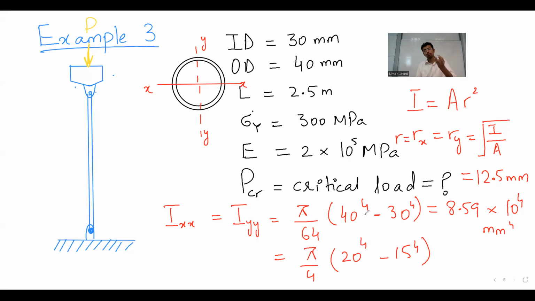So 2 twos are 4, 4 twos are 8, 8 twos are 16, and 16 fours are 64. So if, instead of using the diameter, you start using the radius, then 2 power 4 will cancel this and give pi by 4. Both this formula and this formula will give you 8.59 into 10 power 4.